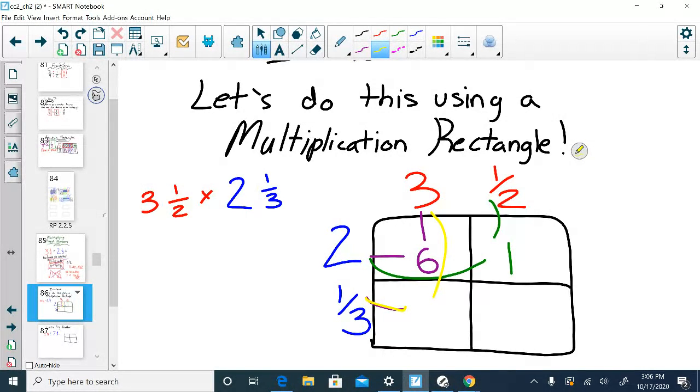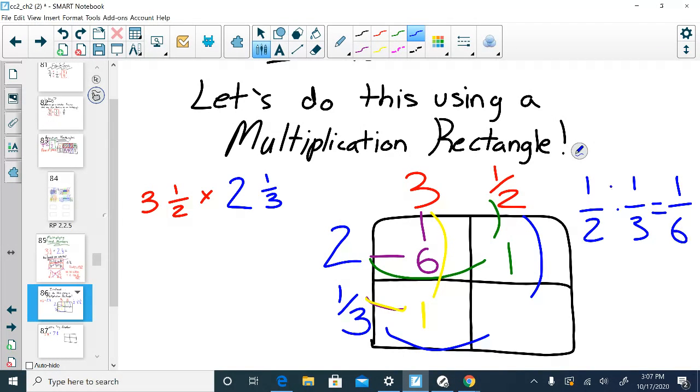Well, that's going to be the same as 1/3 multiplied by 3 over 1, which would give me 1. And then lastly, I need to multiply my fractions. So I'm going to do 1/2 multiplied by 1/3. And if I do that over here off on the side, I'm going to get 1 on top over 6.